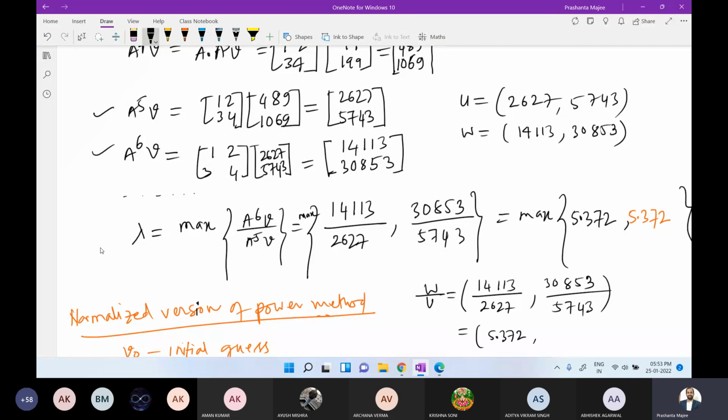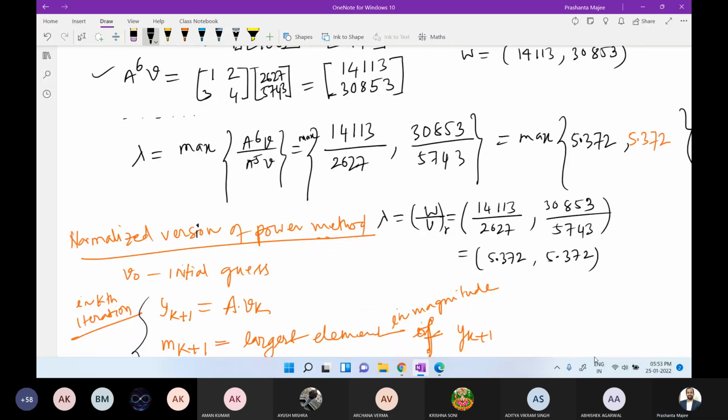I have already told you all these components will be converging to the same value, 5.372. So that will be lambda. Lambda will be any rth component, whatever component you want. Basically, they will be converging to the same value. So what will be the dominant eigenvalue? If you stop at the sixth iteration, then the dominant eigenvalue will be 5.372.